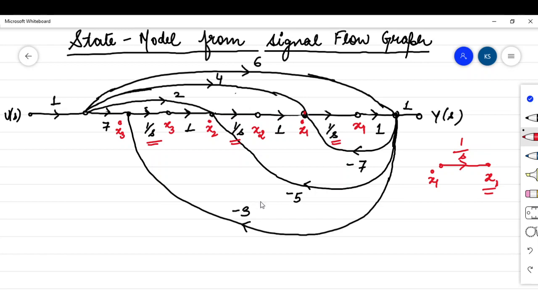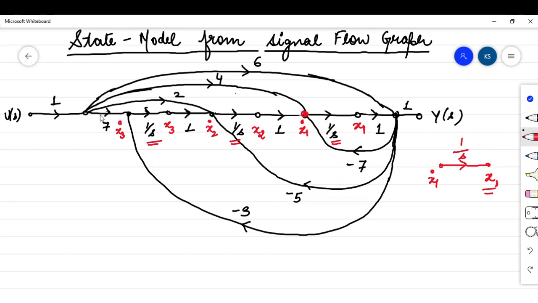So for x1 dot, you just have to observe the incoming branches coming to this node. These are the nodes of the system, and the branches which are entering a node are called incoming branches, and the branches which are leaving it are known as outgoing branches. So we can observe that there are only two incoming branches.